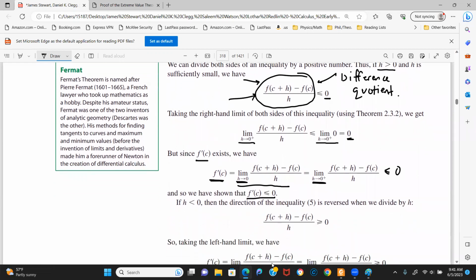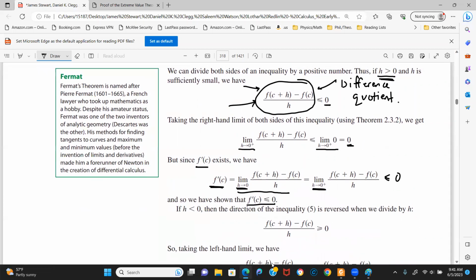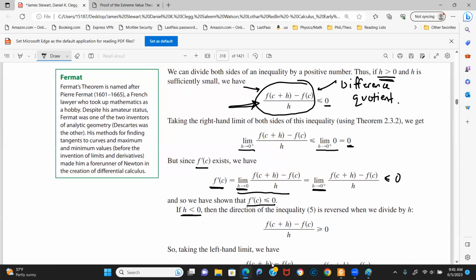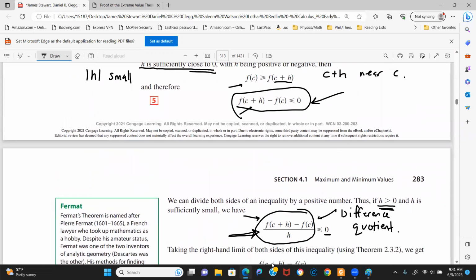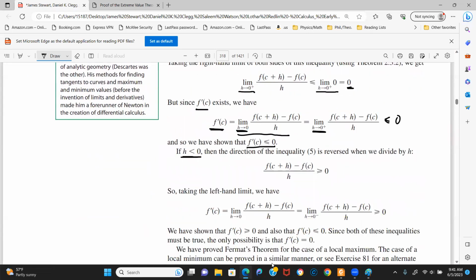Now, that's when we take h to be a positive number. So now we're going to take h to be a negative number, and you divide this inequality right here by h, and it's going to reverse this sign. So we get this right here. And now we're going to just play the same game.